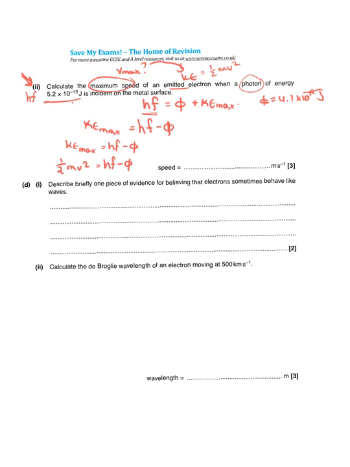I have mv squared is equal to 2 times hf minus phi, and v squared is 2 over m times hf minus phi, and then I square root it. You can simply leave it like that and then put the numbers in, like I said, or you could put the numbers in here, so you could do the subtraction directly.